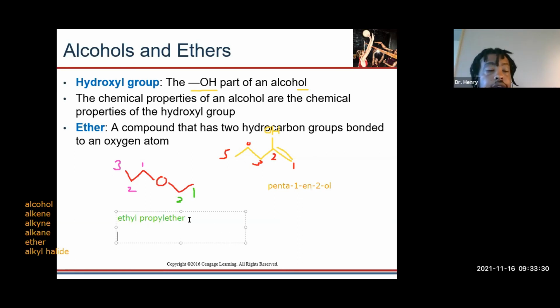Or for its IUPAC name, you take the one that has the longest chain, and that gets to be the base group.